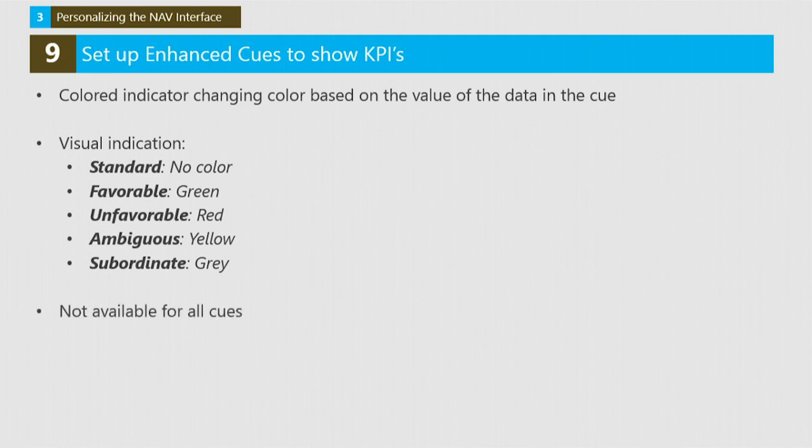Also take into account it's not available for all queues. So you will also find role centers with queues that are not enhanced queues, so that don't have these colored indicators. It depends a little bit on the role center and on the queues that are displayed in the role center to see if you can have colored indicators. So not available for all queues.